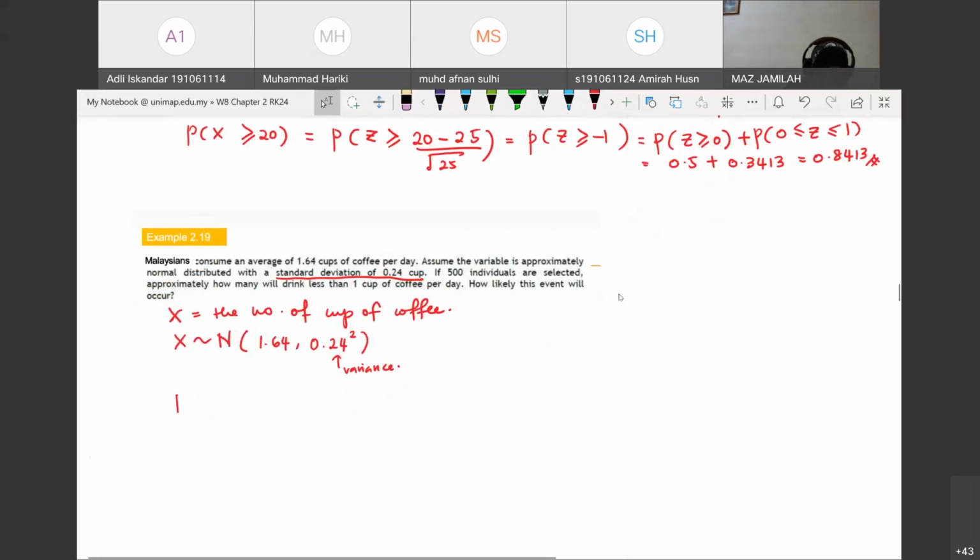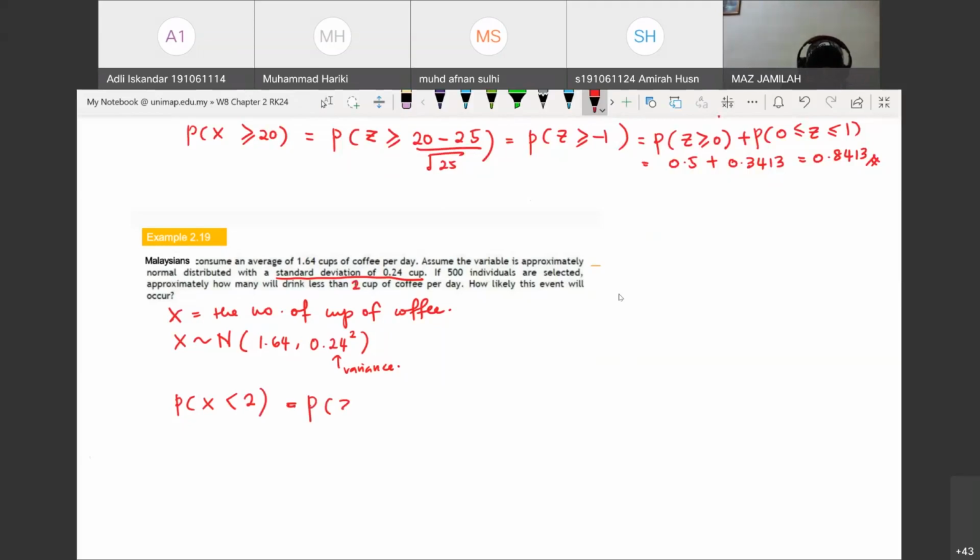Now, if 500 individuals are selected, approximately how many will drink less than 2 cups? So we are looking for the probability of X less than 2. I am following my previous version, so it will be 2. So less than 2. Okay, then we will follow the transformation for standard normal.